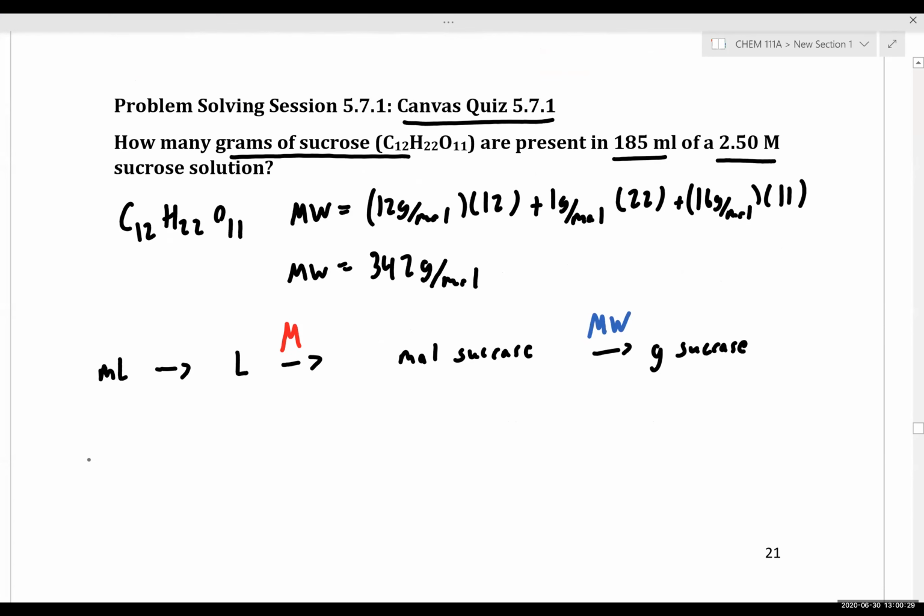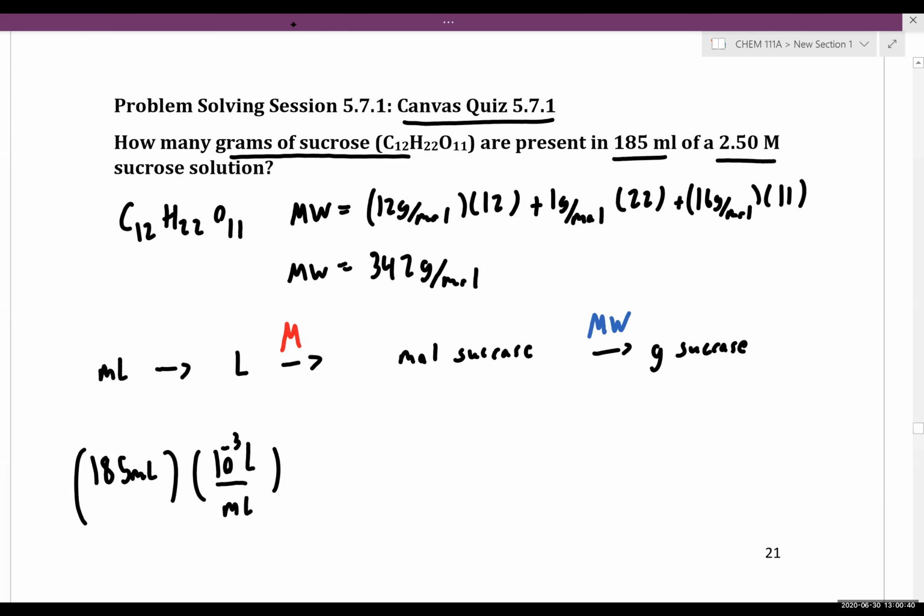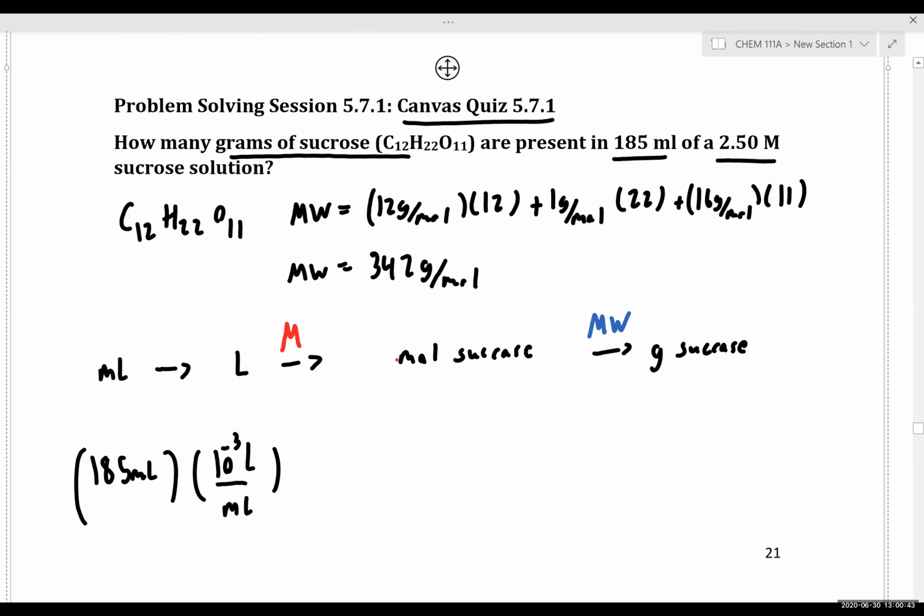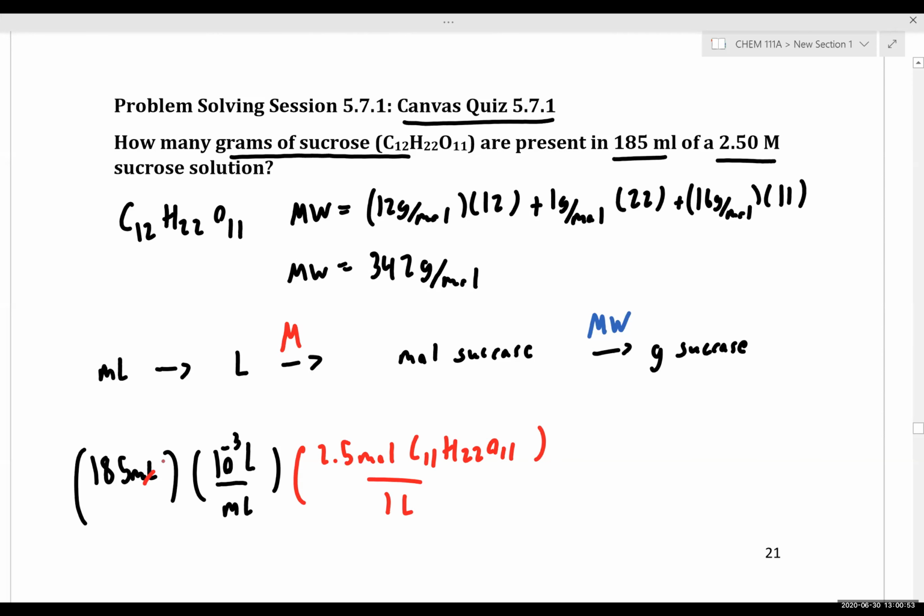So setting things up, we have 185 milliliters, and we know that there are 10 to the negative third liter per milliliter. Additionally, going from liters to moles, we know that we have 2.5 moles of sucrose for every 1 liter of solution. And then finally, to cap off this process, we know that we have 342 grams per every 1 mole of sucrose.